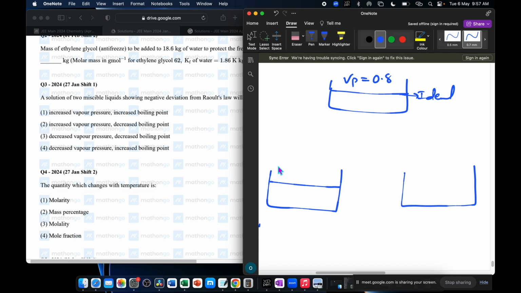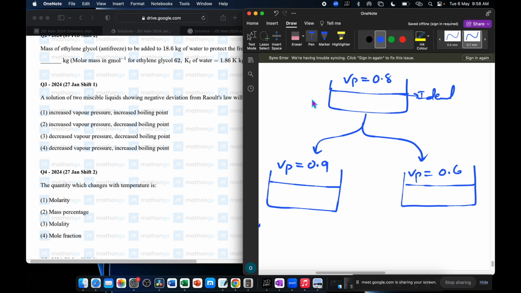Its vapor pressure is 0.9, and this is another solution, its vapor pressure is 0.6. So positive deviation, negative deviation, we decide on the basis of vapor pressure only, right? If the solution's vapor pressure is more than ideal, we call it positive deviation. If it is less than ideal, we call it negative deviation, right?